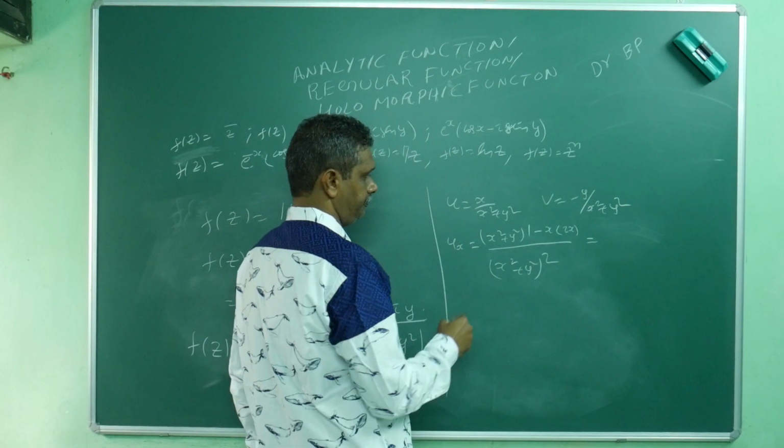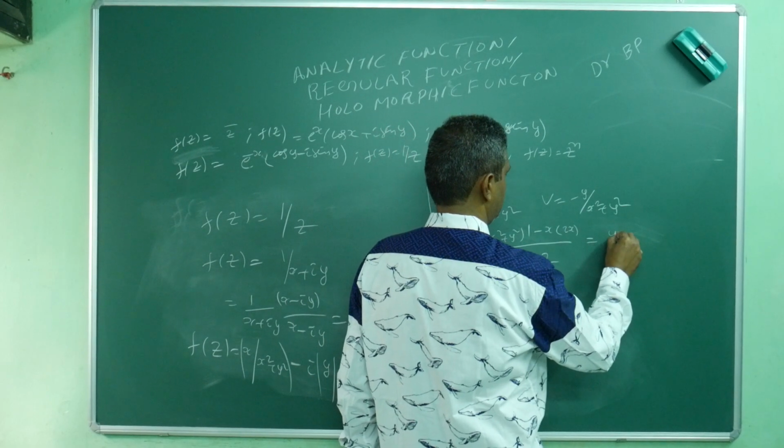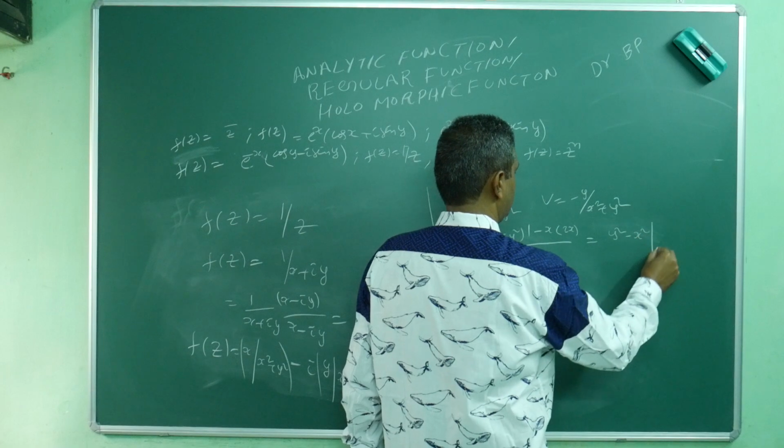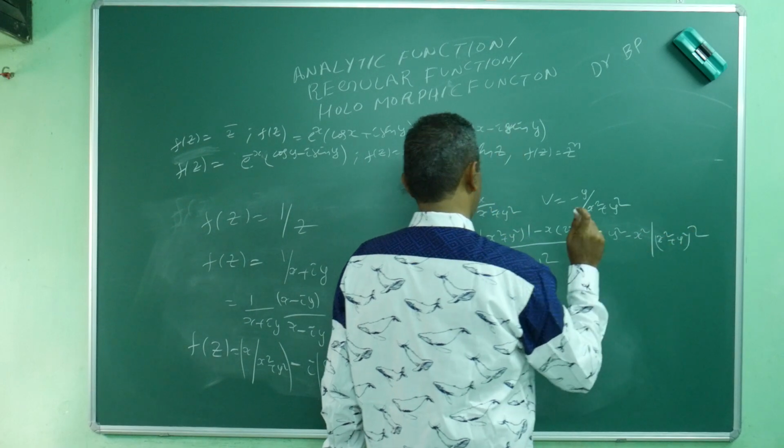So you will get x square plus y square minus 2x square, so this is y square minus x square by (x square plus y square) whole square. This is ux.